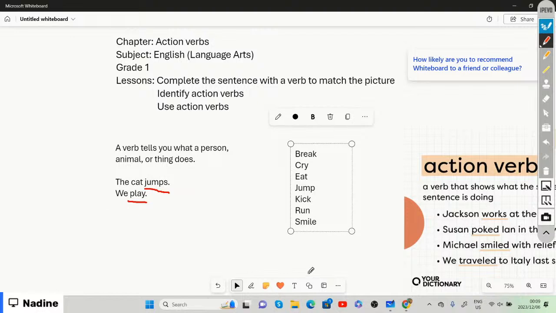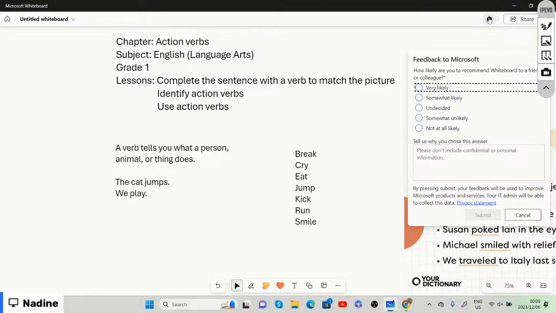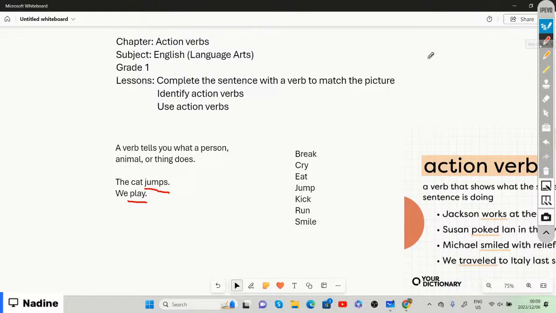And if we look at a few more examples of action verbs, the action verbs are break.